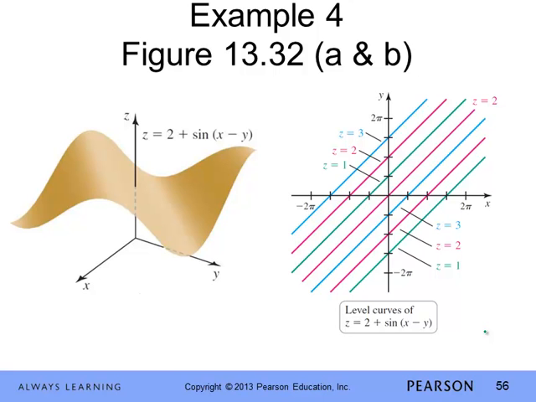So we can set z to some different constant values between 1 and 3, and then subtract 2, and then take the arc sine. And so whatever the arc sine of z minus 2 is, then you'll have x minus y equal to that constant value, which will produce this family of lines.